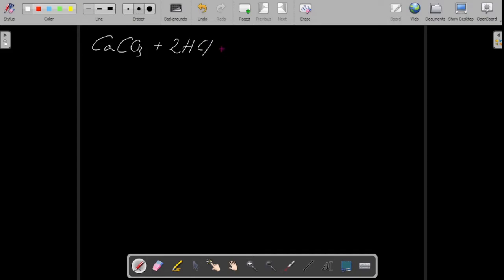AQ is for aqueous, meaning water. You're going to see this a little bit later. So we have the calcium chloride, also aqueous, and the water, which is a liquid, and the carbon dioxide in a gas form. Okay, this is given to you. It's already balanced, so it's already a recipe.